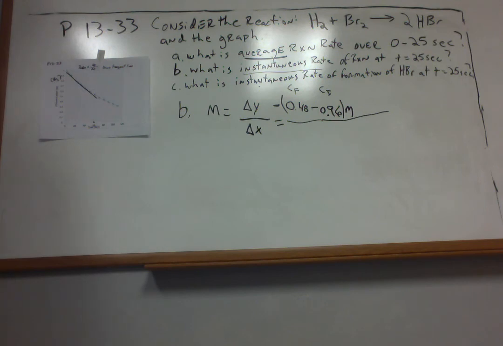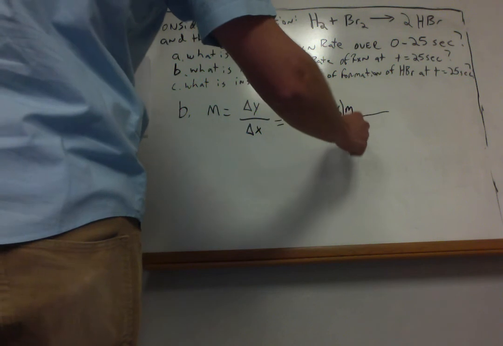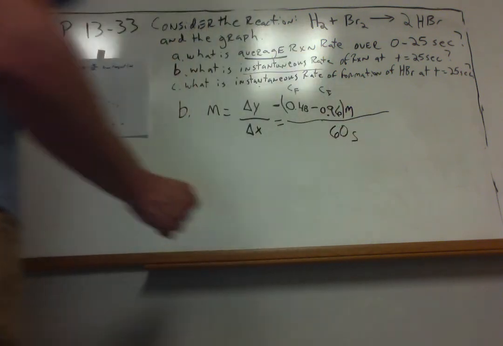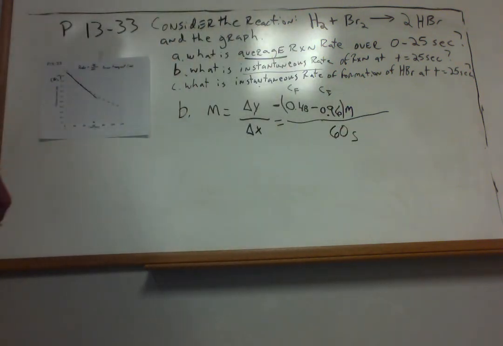Now, same thing for my delta t, but this one's easier because I've already explicitly said that I've done this exercise from 0 to 60 seconds, okay? So clearly, my elapsed time, or my delta t, was 60 seconds, right? So that one's actually kind of a freebie. It's pretty easy to come by.